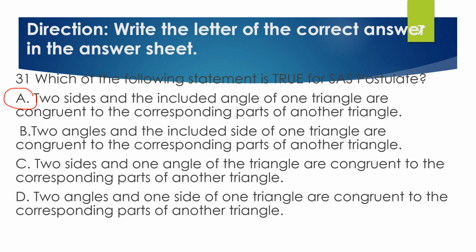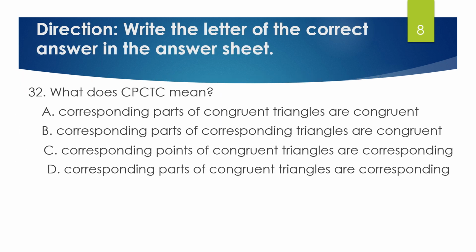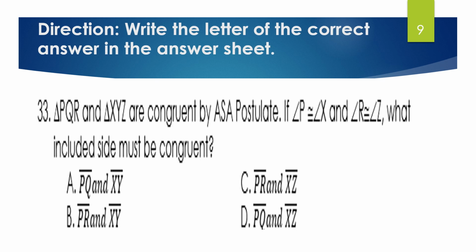Okay, letter A. Next, what does CPCTC mean? It means corresponding parts of congruent triangles are congruent. Letter A. Next, triangle PQR and triangle XYZ are congruent by the ASA postulate. If angle P is congruent to angle X and angle R is congruent to angle Z, what included side must be present?